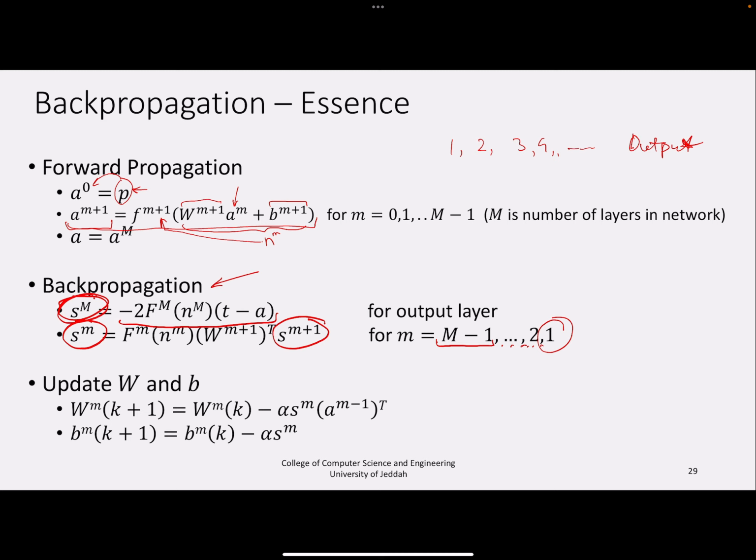Once we have all the sensitivities, we can then use them to update the weights and bias values of all layers. So W^m(k+1) is basically the next set, the updated set of weight matrices.